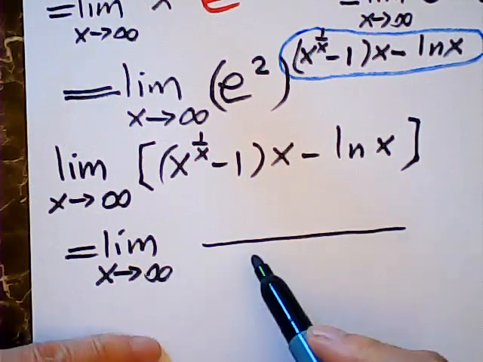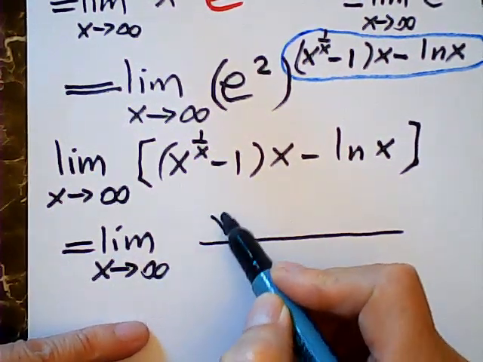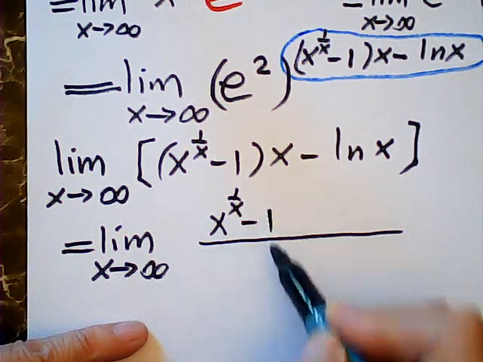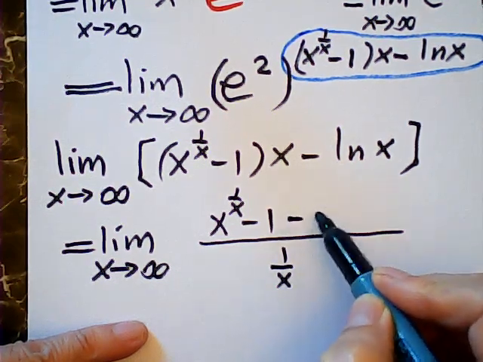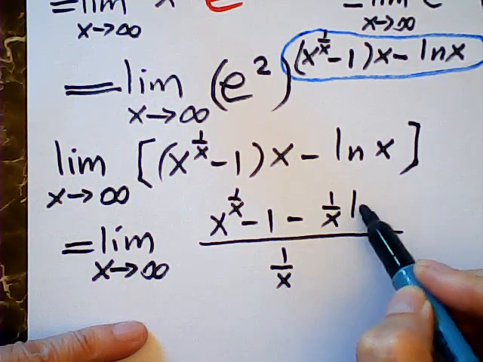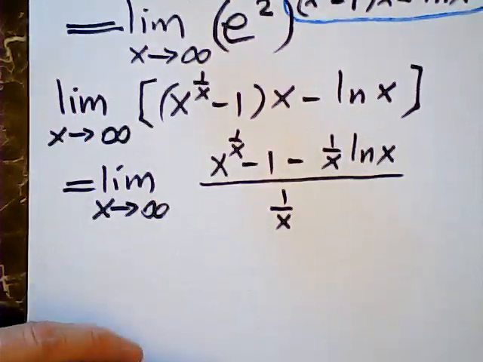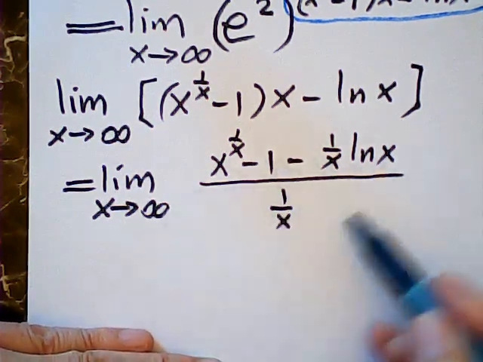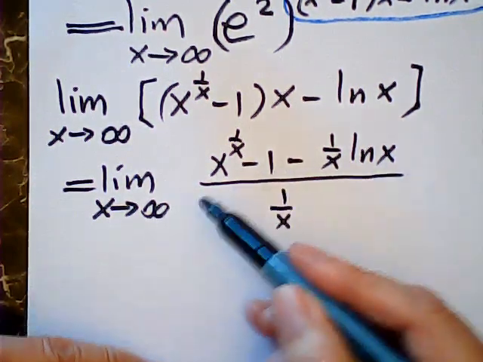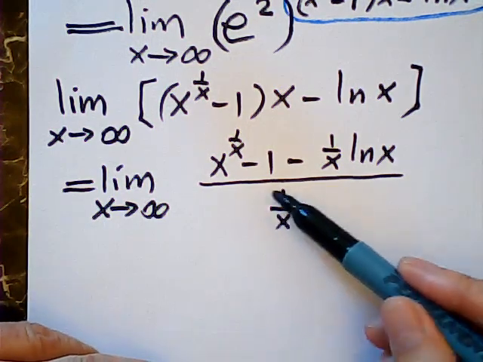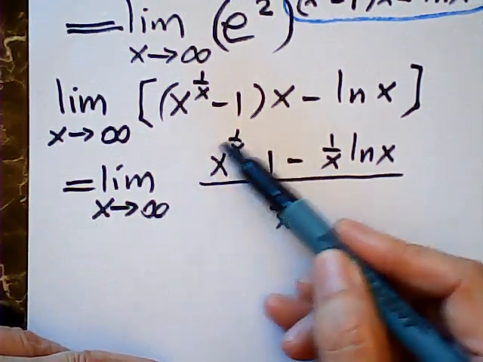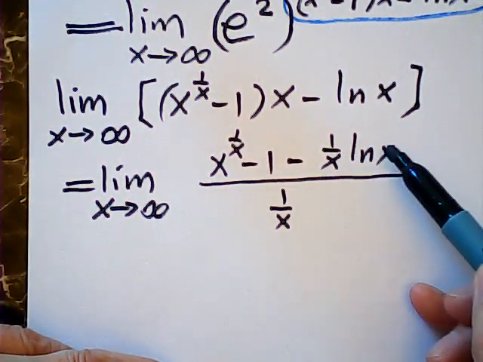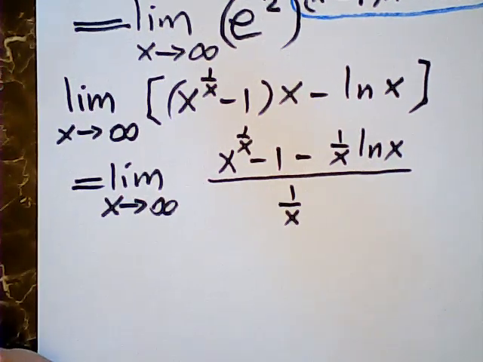So how about this? This will be x to 1 over x minus 1 over x, right? Minus 1 over x log x. Yeah, that will enable us to use L'Hopital's rule, because this goes to 0, this goes to 1, this goes to 0, this one goes to 0, right? So L'Hopital's rule can be done.